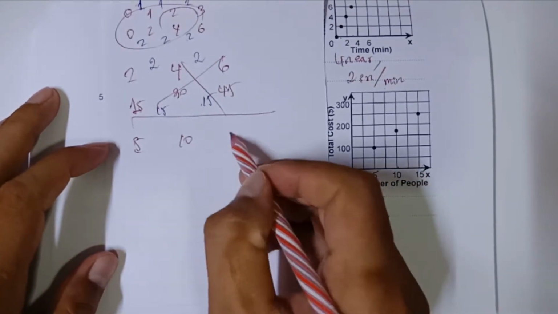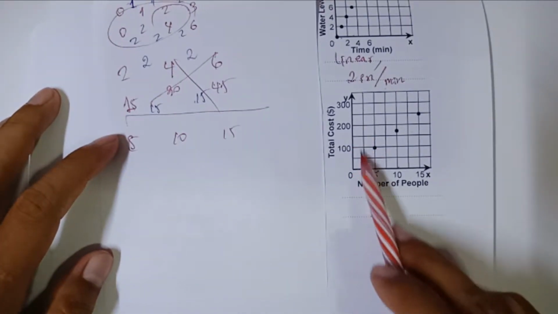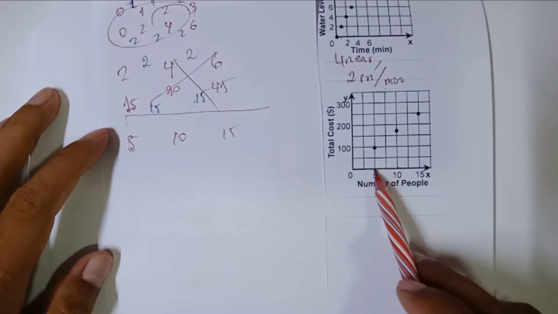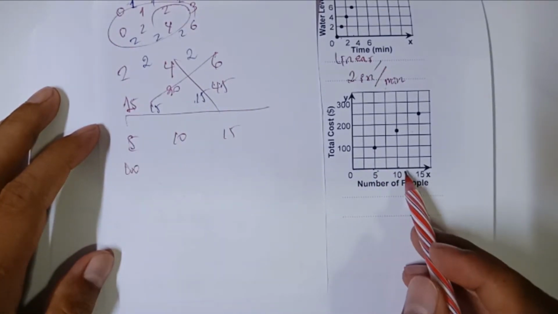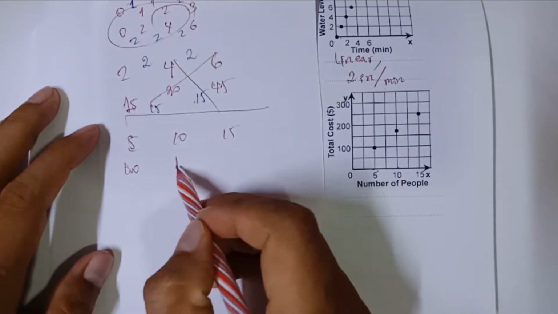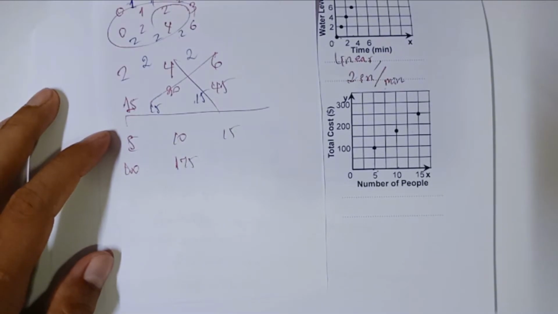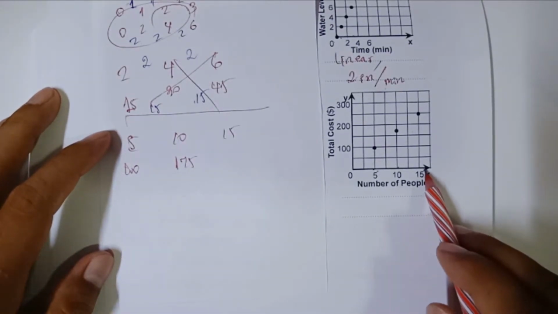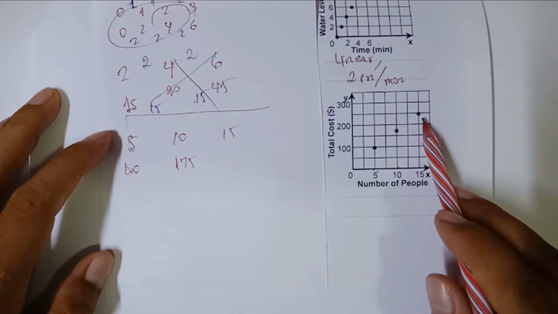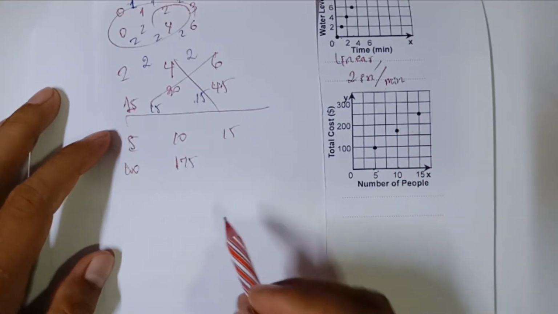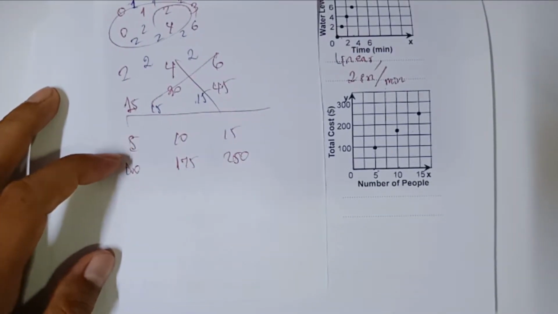Now for the values of y, which is the dependent variable, 5 will correspond with 100, and then 10 corresponds to 175. And then for number 15, it will correspond to 250.